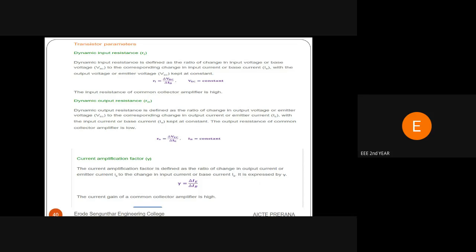The current amplification factor gamma is defined as the ratio of output current to input current. In common collector configuration, the output current is emitter current, input current is base current. So gamma is equal to delta IE divided by delta IB. The common collector configuration current gain is very high compared to common base and common emitter configuration.